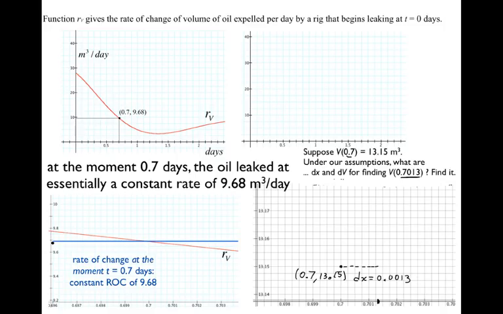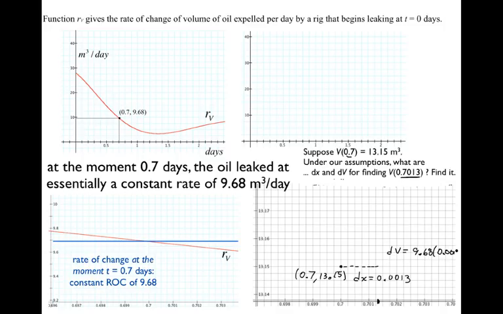For this whole moment, we're assuming constant rate of change. So then we can get dv. What's dv? Or how would you express to get it? In this moment, we've got a constant rate of change of 9.68. So we can take the 9.68 times our change in x.